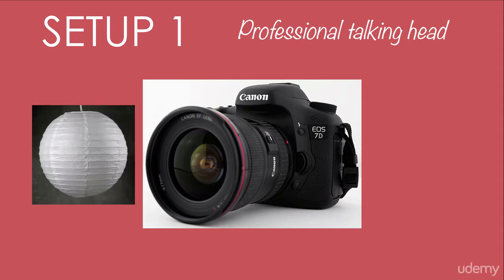For lighting, I am very minimalistic with my lighting choices. For most of my talking head videos, I use paper lanterns that you see here. You can go on Amazon and get a pack of 10 for about $10. I usually get the 16-inch ones. They have 10-inch, 12-inch, they have all sorts of sizes, but I get the bigger ones. These just hook up with a light socket and cord, and then I just use a regular light bulb in there.